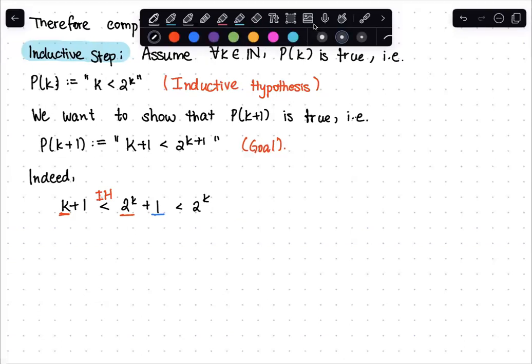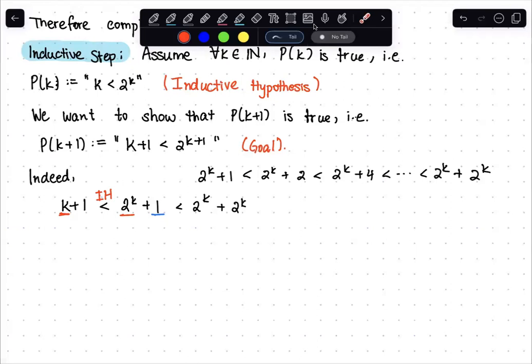This is actually smaller than 2 to the k. Well, it happens all the time. You could also say, for example, that 2 to the k plus 1 is smaller than 2 to the k plus 2, is smaller than 2 to the k plus 4, and so on, until the kth one is smaller than 2 to the k.